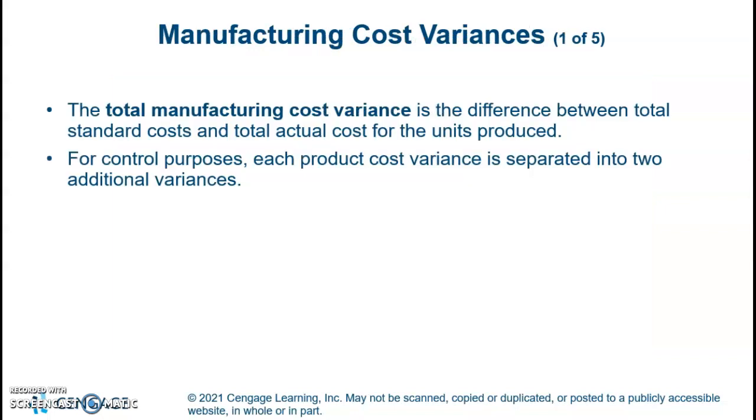So we looked at the total manufacturing cost variance, but for control purposes, for example, to look at the differences and really be able to make decisions based on these differences, we're going to separate each cost variance into two additional variances.